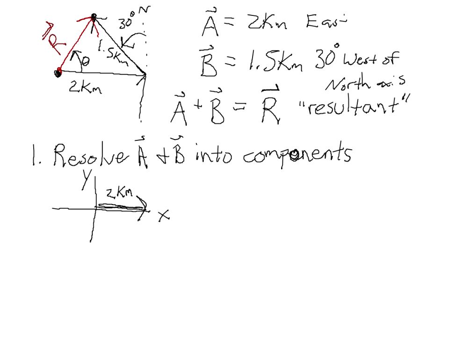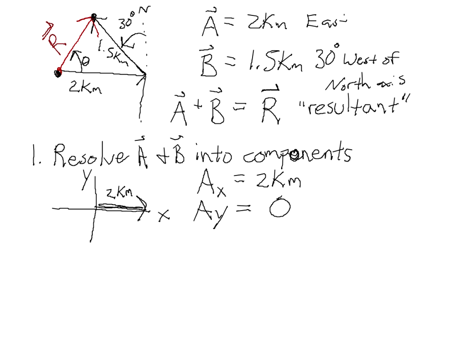Well, this one's going to be really easy to resolve into components, because the x component of vector A, which we denote A sub x, is just 2 kilometers. The whole thing is in the x direction. The y component of vector A is 0, because there is no part of that vector that points up or down. So that was easy.